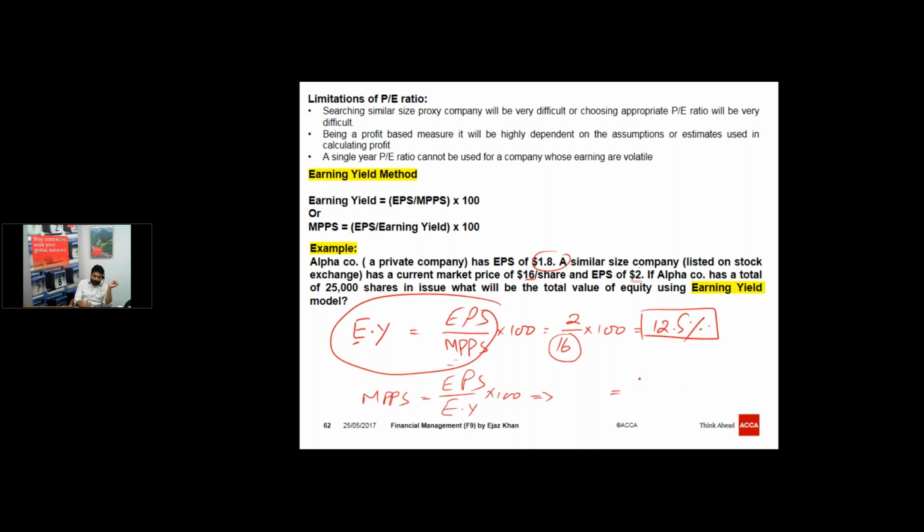If Alpha company has $1.8 earning per share and the investors require 12.5% earning, what price will they be willing to pay? Can you calculate the price?